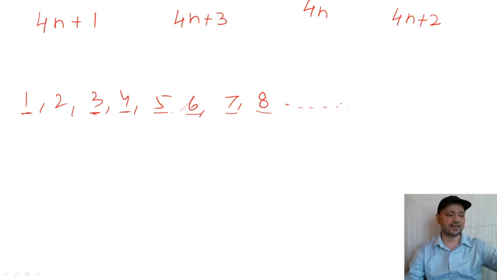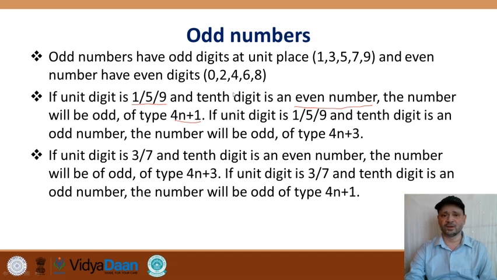So these are the understandings. If on the unit digit you have 1, 5 or 9 and the 10th digit is an even number, then the number will be odd of type 4n plus 1, like 21, 25 or 29, and 41, 45, 49.